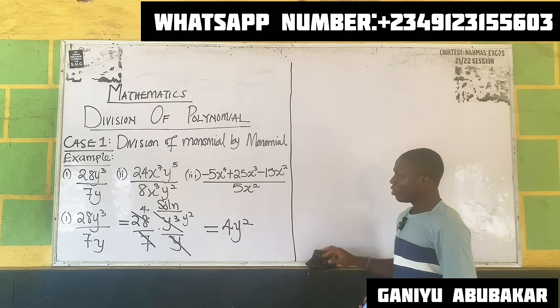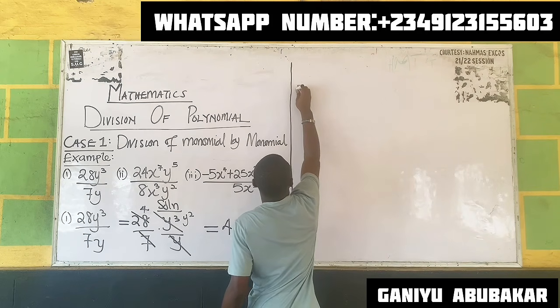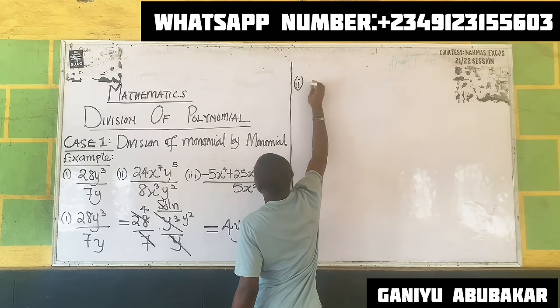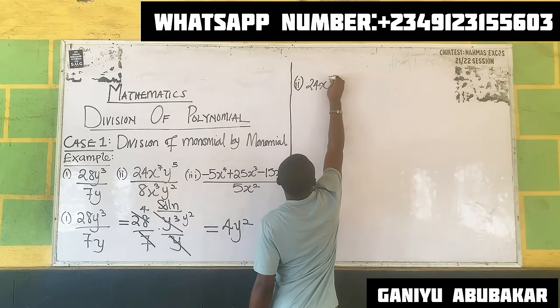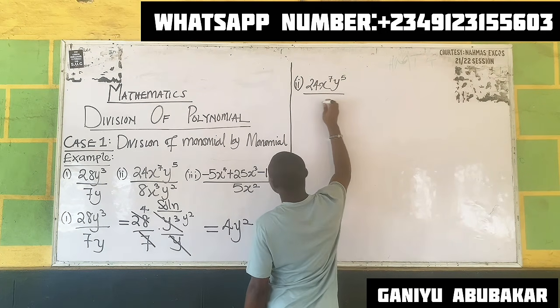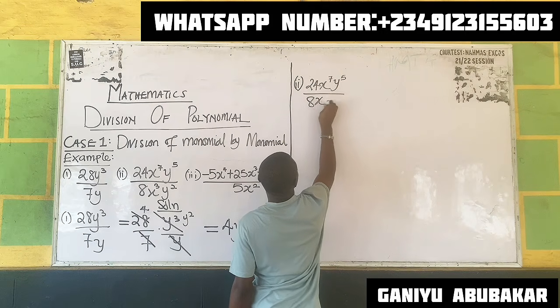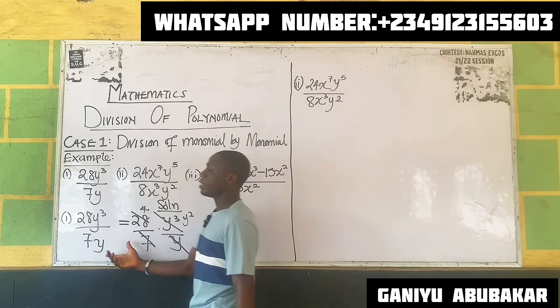All right, let's proceed. Number 2. So this one here, I have 24x to the power 7 y to the power of 5 all over 8x cubed y squared. When I solved this one, I said separate them.